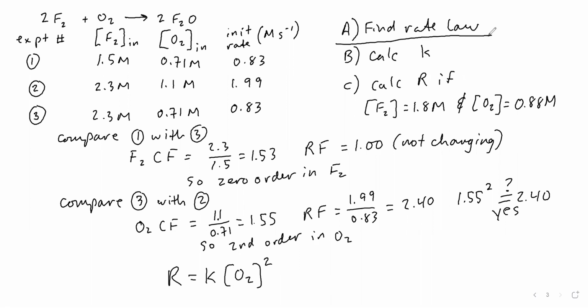Now we can calculate K by simply plugging in the value for the rate and the value for the O2 concentration from any of our rows up here in the table. And so once again, I'm just going to choose row 1 for the fun of it. And so my rate from row 1 is 0.83 moles per liter per second.